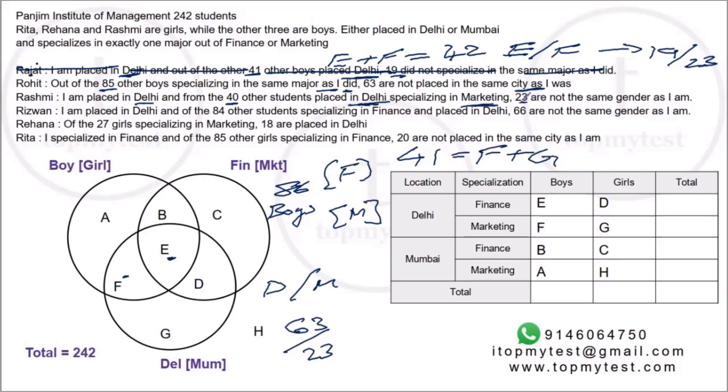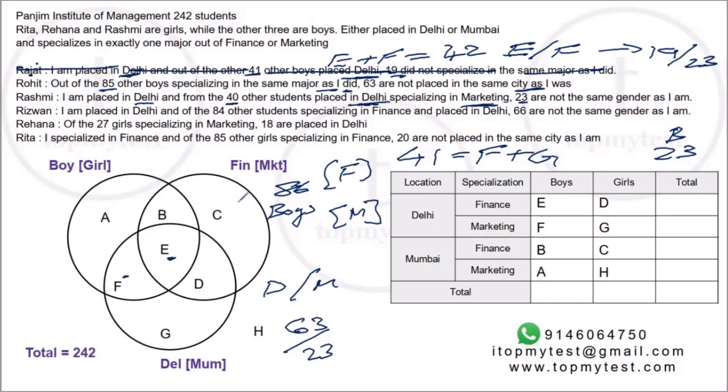Right. 23 are not the same gender as I am. So out of these 41, 23 are of the other gender as Rashmi. What is Rashmi? Rashmi is a girl, right? So the other gender will be boys. So there are 23 boys specializing in Delhi and in marketing, right?